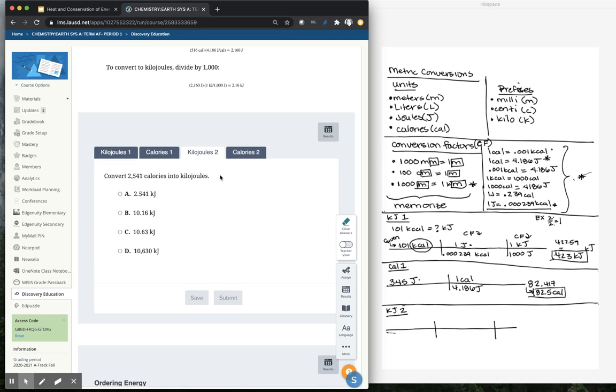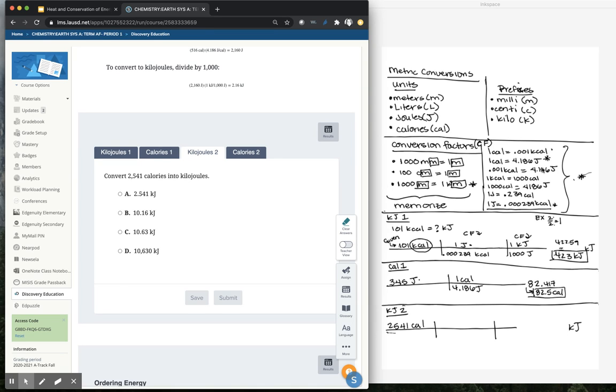So I'm going to go ahead and write my given, which is 2,541 calories. And I'm trying to get over to kilojoules, right? So the first conversion factor that I'm looking for is going from calories to get us closer to joules.